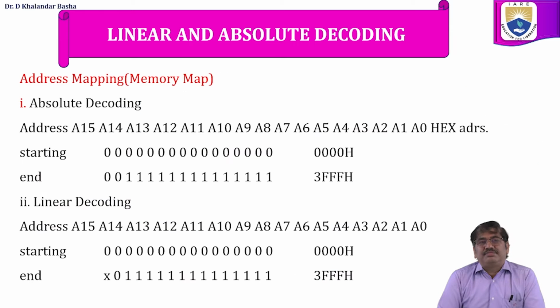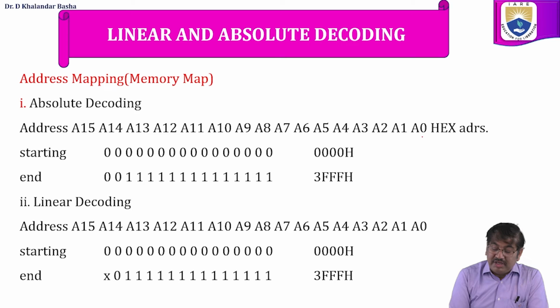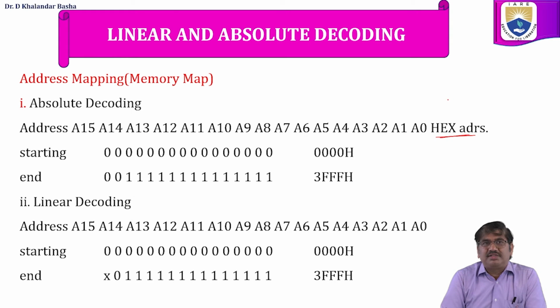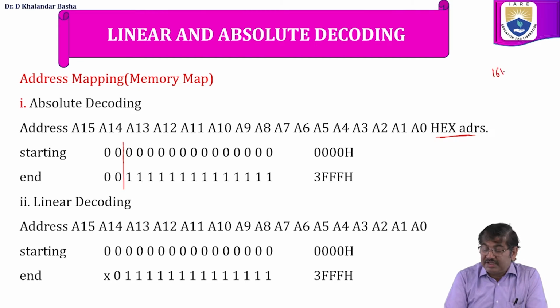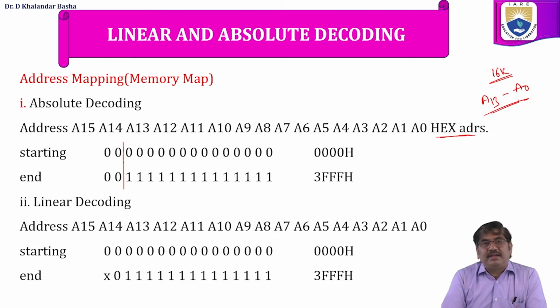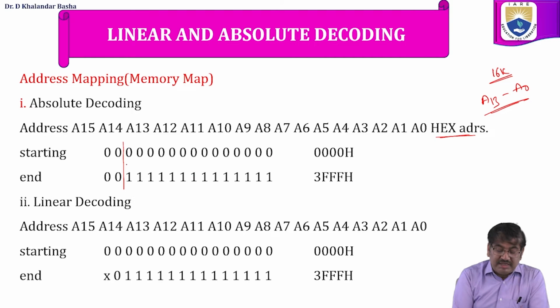Now in the address mapping, we can say that the address lines from A0 to A15 are required. In the absolute decoding, let us assume the memory size we are taking is 16K. As we know, for 16K, we require 14 address lines, that is A0 to A13, used for accessing the memory.